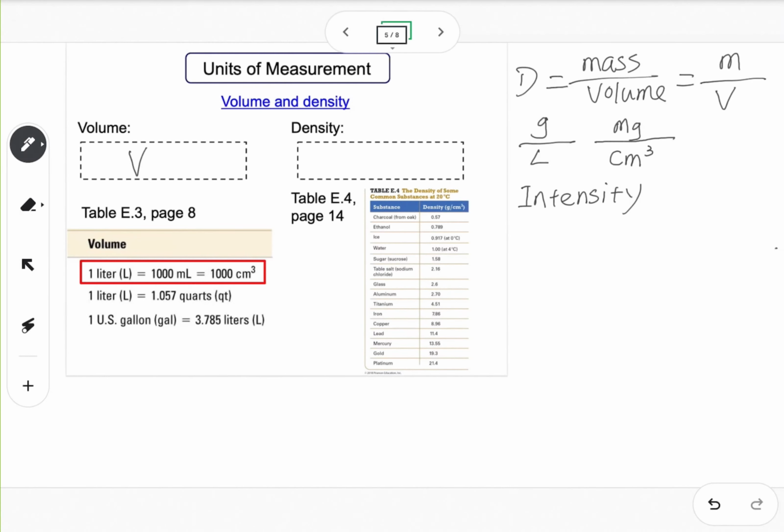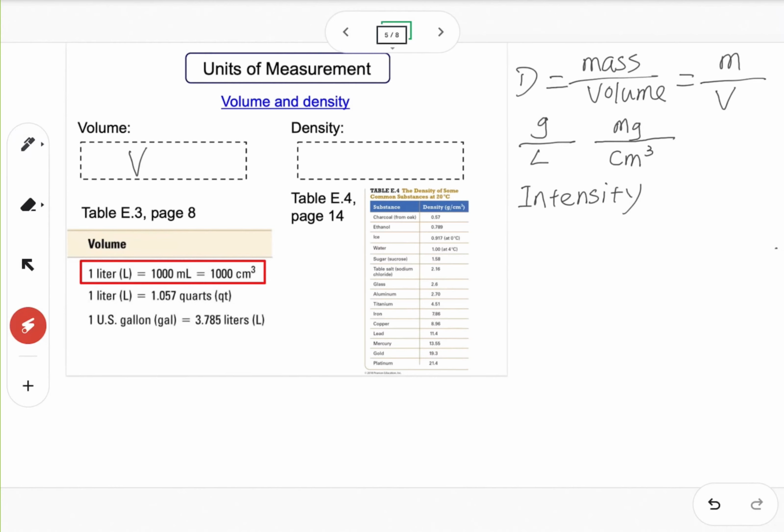For instance, if you have 10 grams of water, the density would be 1 gram per mL at 4 degrees Celsius. If you have 1 gallon of water, the density of this water at 4 degrees Celsius is still 1 gram per mL. It doesn't matter how much water you have, the density remains the same. So this is what it means.